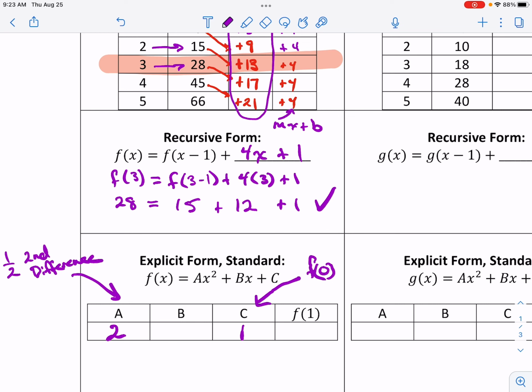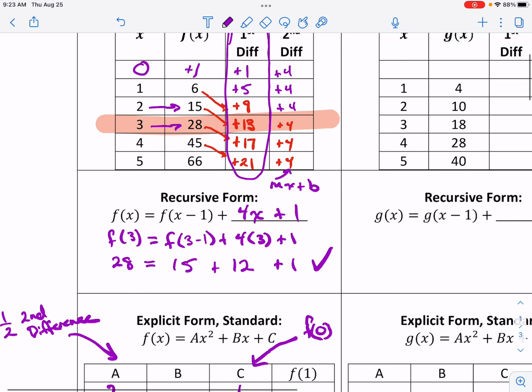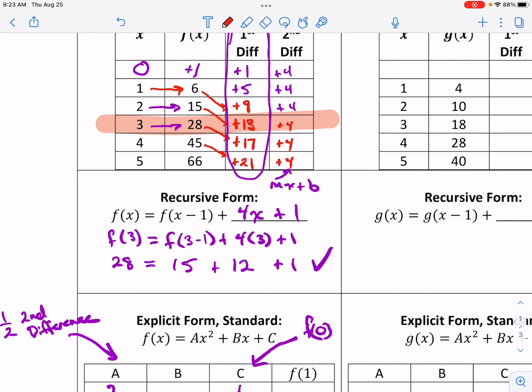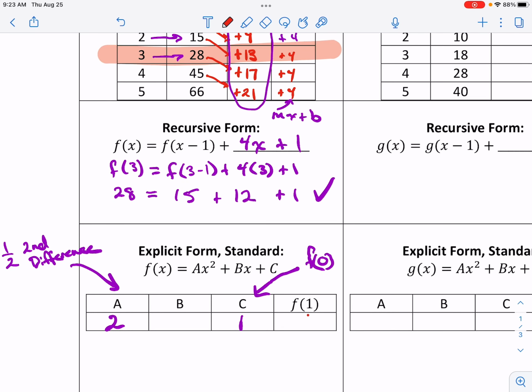F of 0, that'll give us C. F of 1, we can see f of 1 here is 6. And then a plus b plus c will equal f of 1, because when I plug in 1 for x, the result will be a times 1 plus b times 1 plus c.